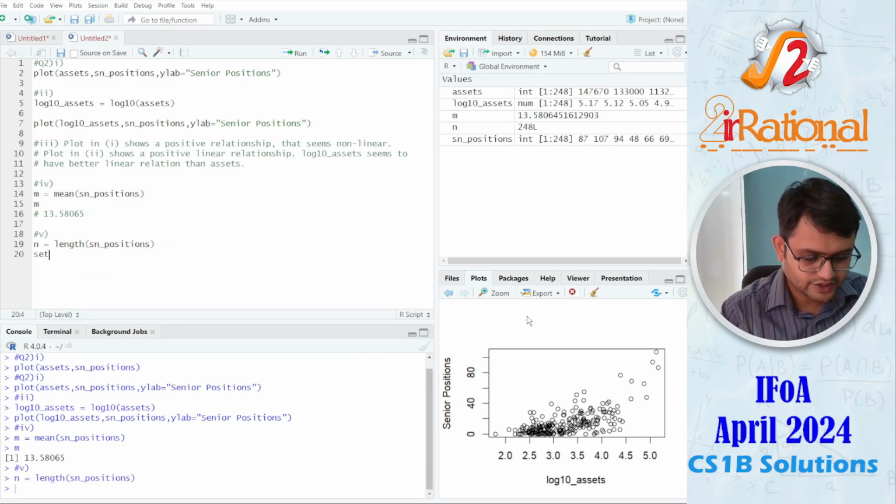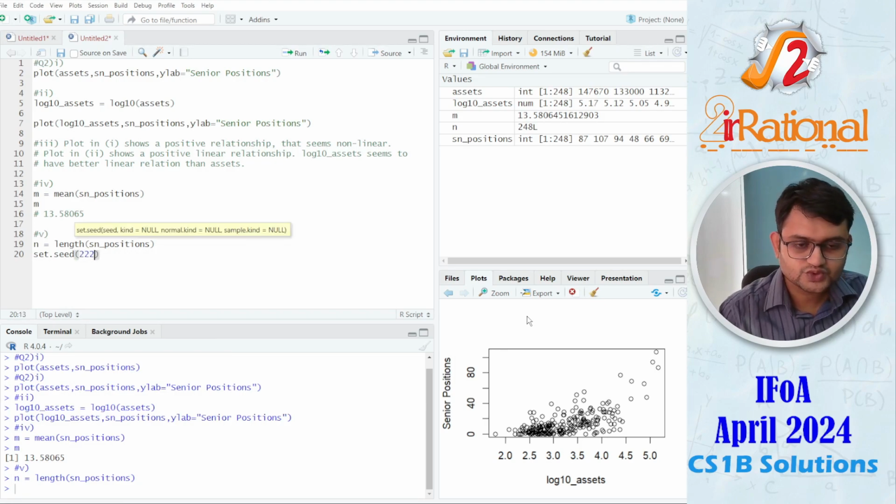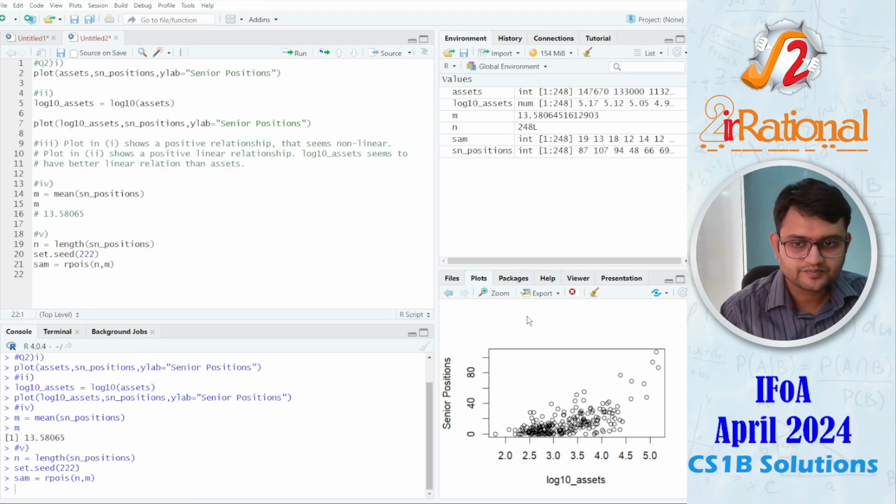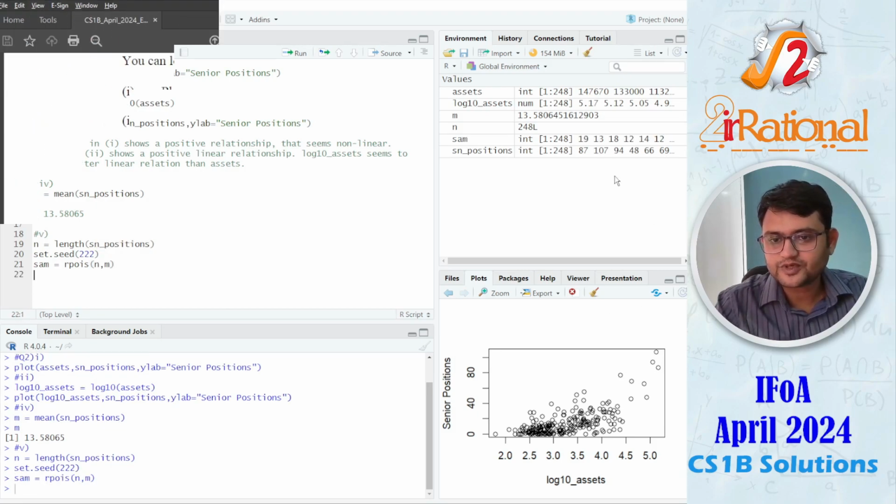Then let's do set.seed(222). And using that, now we have to create a sample. I'll just call it sam. Our rpois size is n with the parameter m. So here we have the sample.